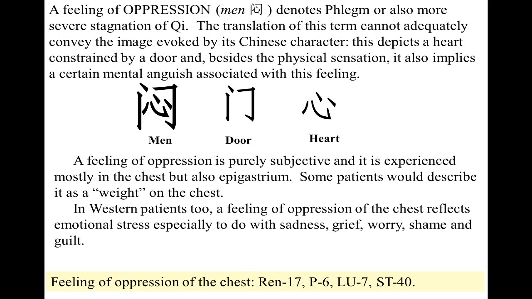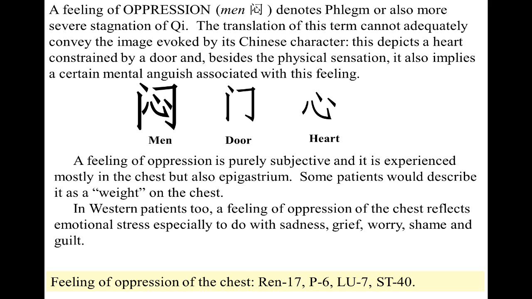Unlike distension, the feeling of oppression is purely subjective. Objectively, there's nothing to be seen or palpated. It's purely subjective, and it literally is a feeling of oppression or a feeling of weight. Maybe some patients might call it tightness as well, but especially weight.